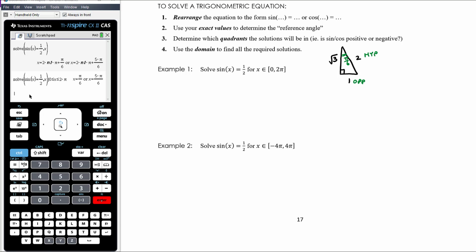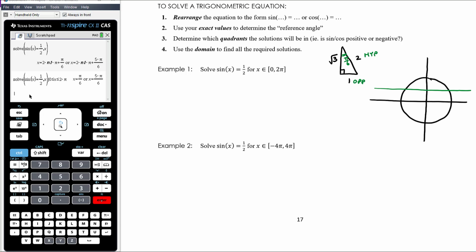Because the next thing we need to think about is, okay, my solutions are all connected to pi on 6, but which quadrants are they in? Okay, so in this case, sine is equal to positive 1/2. Let's think about our unit circle and what that means. So we know that sine is the y-coordinate. Okay, so where is the y-coordinate 1/2? All right, well, the y-coordinate is 1/2 in the first and second quadrants.